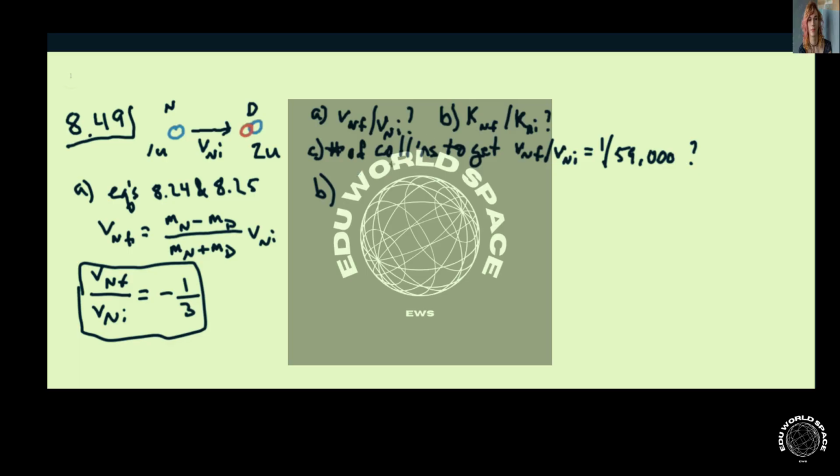Now, what is the kinetic energy of the neutron after that? So the initial kinetic energy is 1/2 m v initial squared, and this is going to be equal to 1/2 mn times Vn final squared.